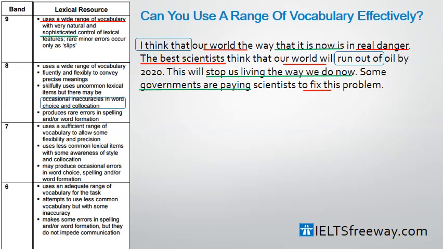Next, we've got run out of. Run out of is a phrasal verb. We use them a lot in spoken English, but we should try to avoid them in written academic English. Similarly to fix this, it's not a good choice of word. It's not wrong, it's just not a good choice of word.